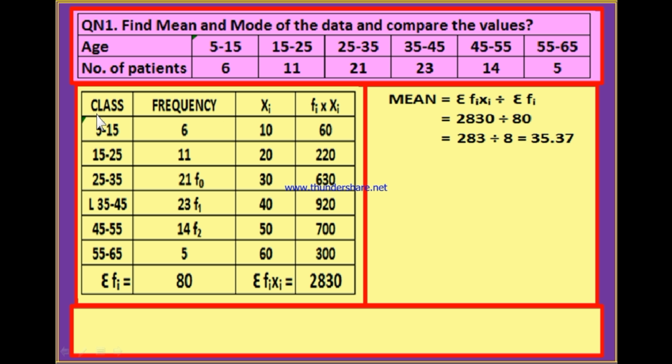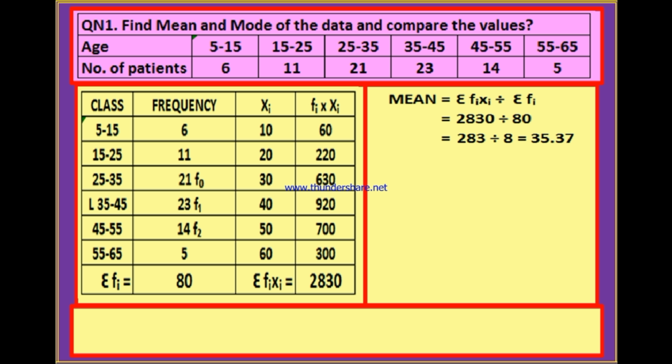Okay. Now after writing the classes and frequencies, you pick up the highest frequency. Among all the given frequencies, what is the highest frequency? 23 is the highest frequency.